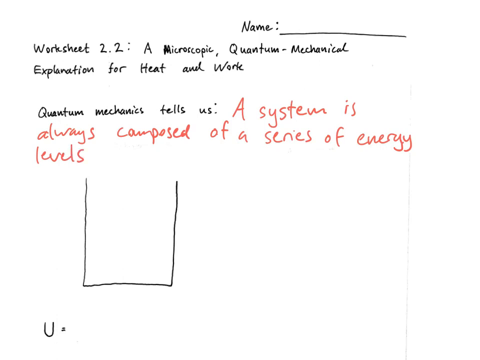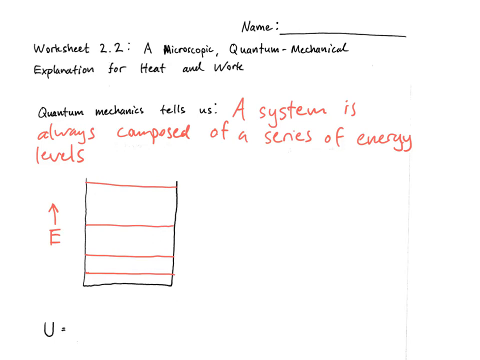And what that means is that if we've got a system like we do that I've depicted here with this little box, and the energy is going in this direction, then the energy levels will be at various different places. In the case of an ideal gas, they spread out like this as they go upwards.